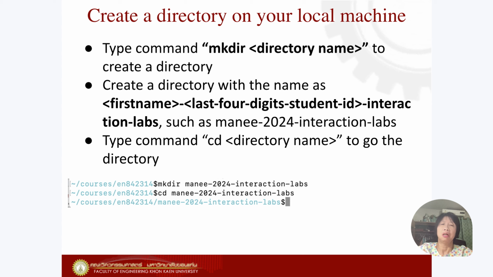Okay, here in our labs, so first we're gonna create the directory that save all the Python files that we implement in this class in the directory with the name as first name, hyphen last four digits student ID, and then in the action labs, such as if your name is Mani and the last four digit of student ID is 2024, then you're gonna have the directory name as Mani dash 2024 in the action labs.